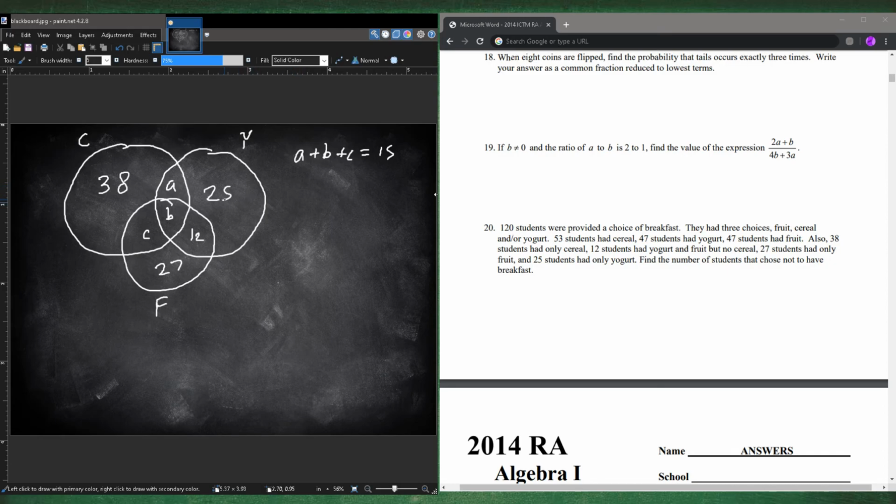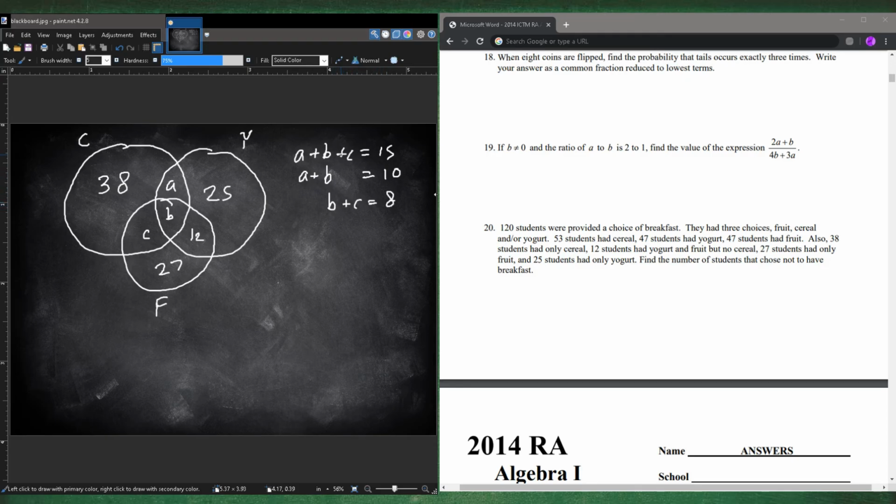Yogurt 25 plus 12 is 37, so A plus B has to equal 10. And they said 47 had fruit. 47 minus 39 is equal to 8, so that means B plus C has to equal 8.